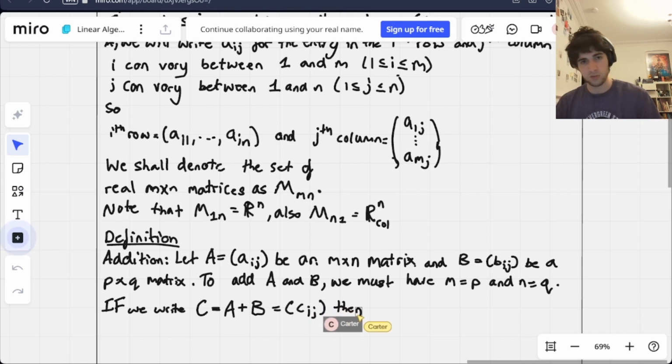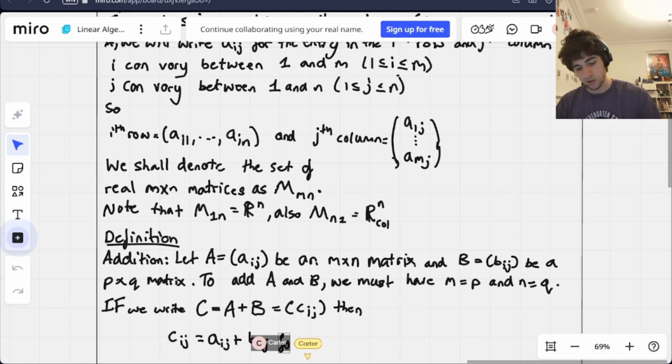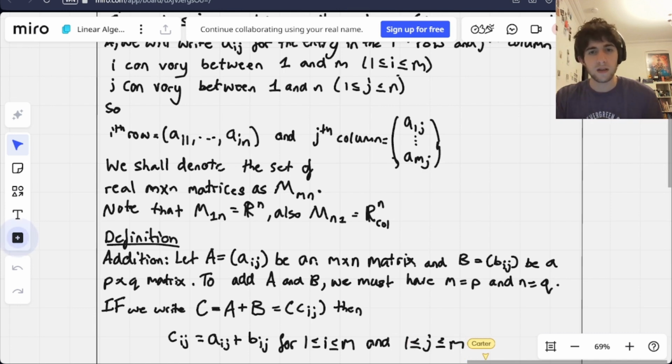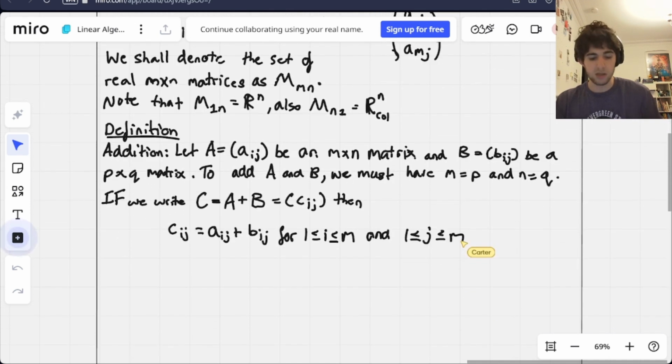Then what we'll have is that Cij is going to be equal to Aij plus Bij, right? So that will be true for 1 less than or equal to i less than or equal to M, and also for 1 less than or equal to j less than or equal to M. So this should just make intuitive sense, right? Effectively, to add two matrices, you're going to add together their corresponding components, right?